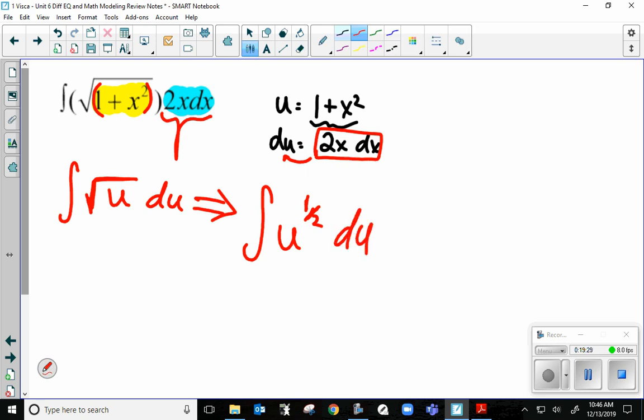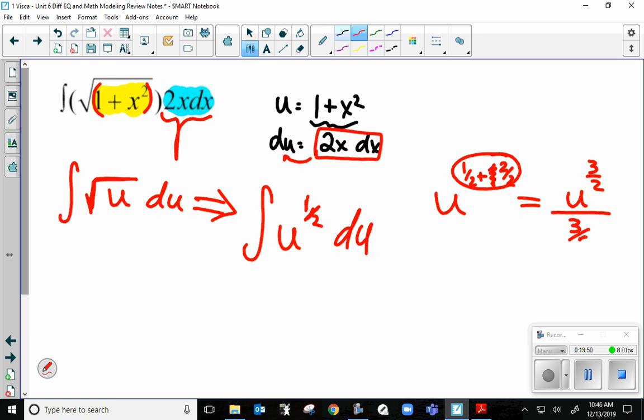All right, so the same rules apply. I add 1 to the exponent, so I have u to the 1/2 plus 1. Well, 1 is the same thing as saying 2 over 2. So really, that's u to the 3/2. When I add these, that's 3 over 2. Now, I got to divide by that.